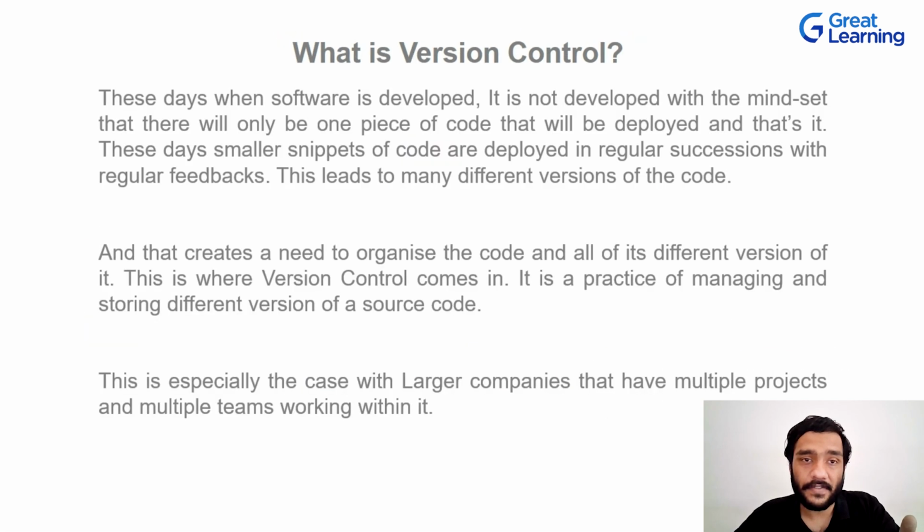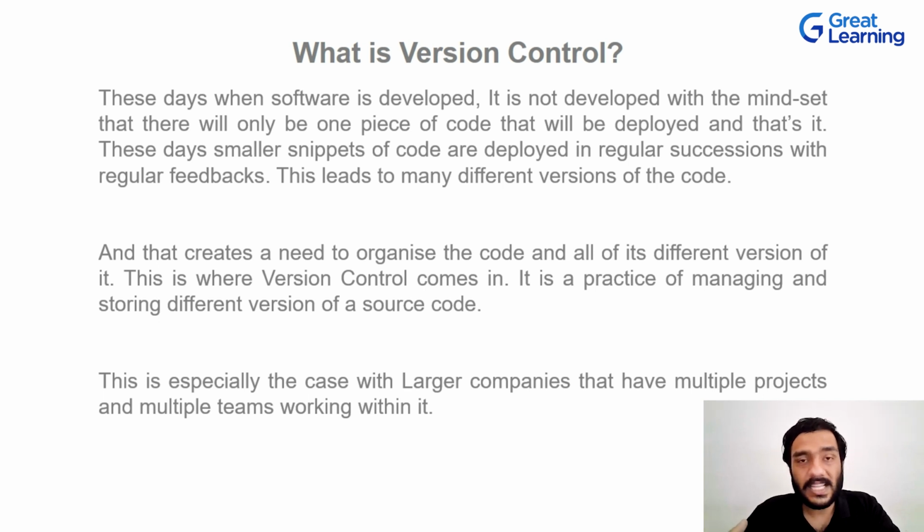If you look at the definition and everything, you will see that version control is basically the act of controlling certain versions of a product or a project or a software code, right? These days, when software is developed, it is not developed with the mindset that there will only be one piece of code.